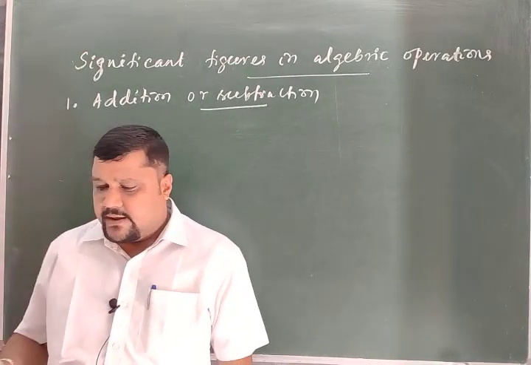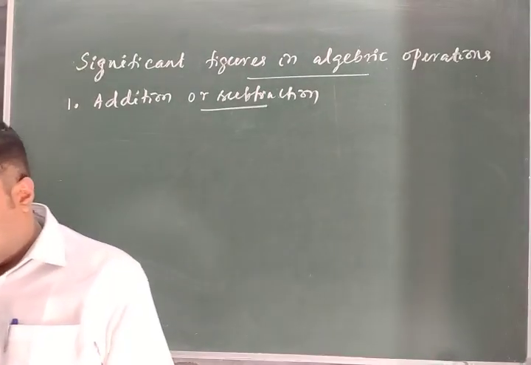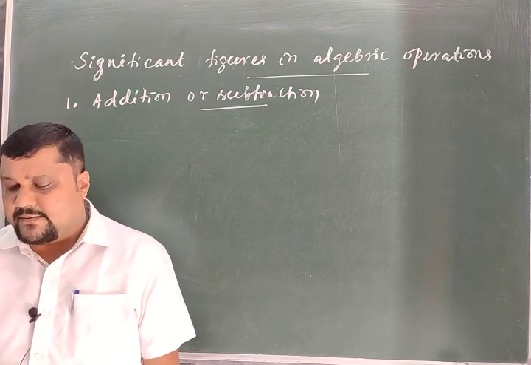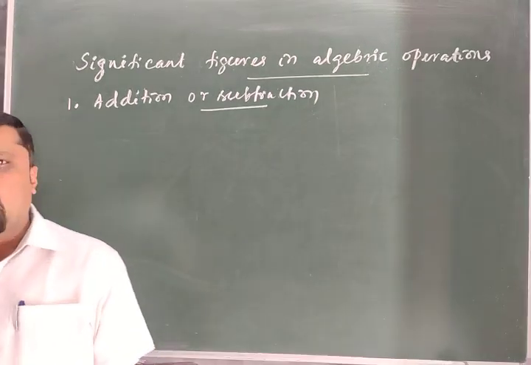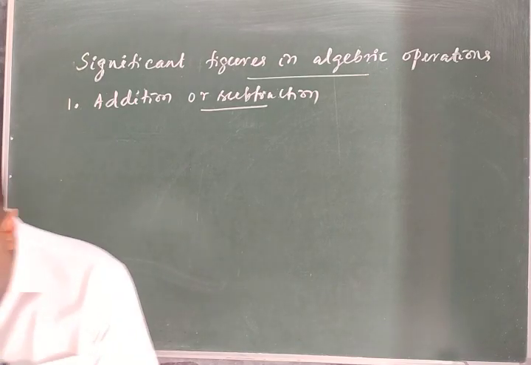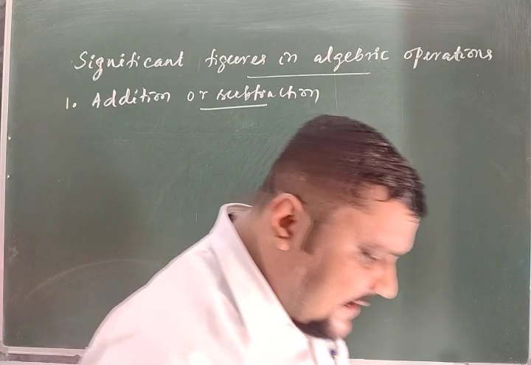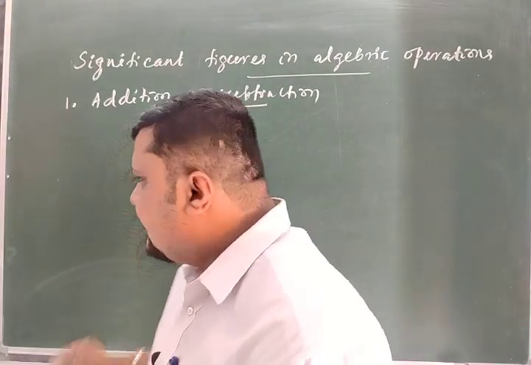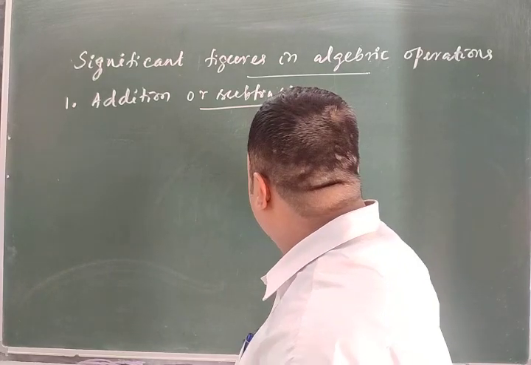when we add two like quantities, then the final result cannot be more accurate than the least precise quantity. Let's take an example. Suppose 1.5 meter.